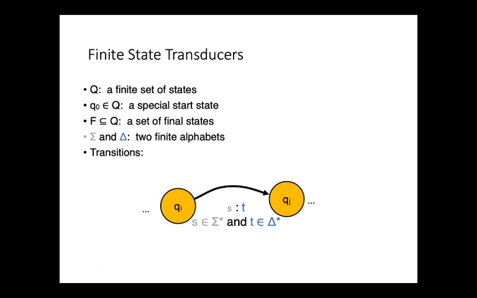And every time you cross a transition, you read a symbol from the input tape, and you write a symbol to the output tape. Now, an important thing to know is these symbols can also be epsilon. Epsilon is the empty string. So this is how finite state transducers do insertion and deletion, by either substituting things for the empty string or substituting the empty string for symbols.